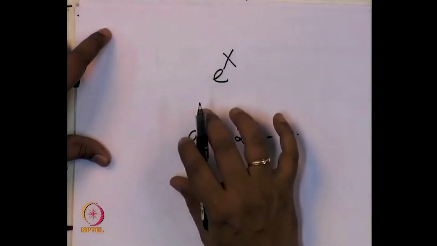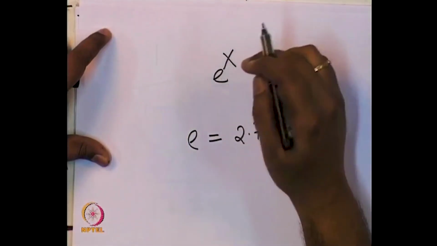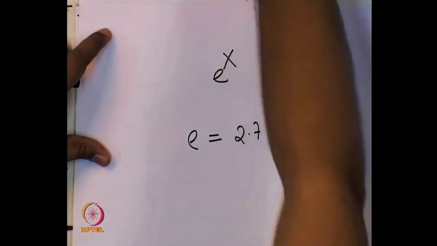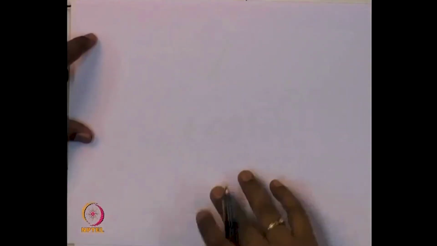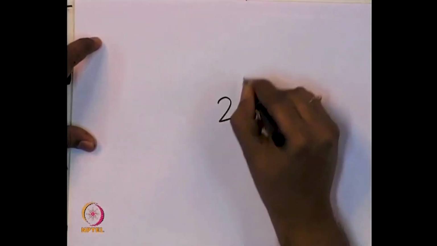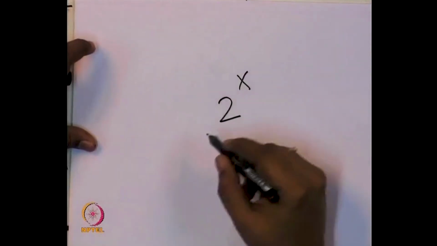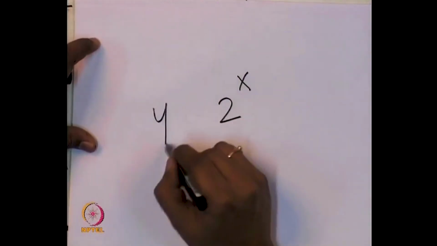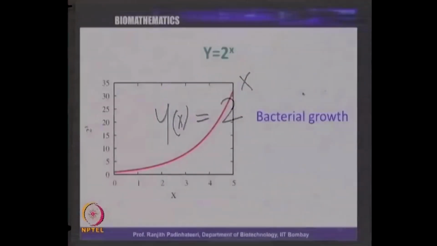So e is a number, and this number power x is a function that we saw. Now let us have a look at another function. If you can have a number power x, you could imagine something like 2 power x. 2 is a number and 2 power x. So, this is a function, y of x is equal to 2 power x.